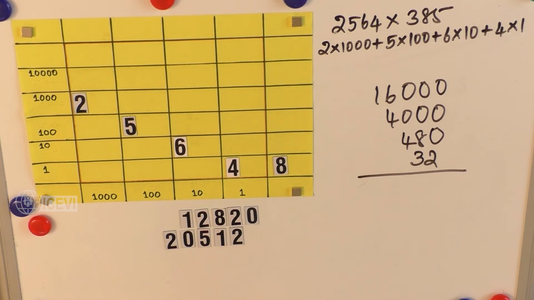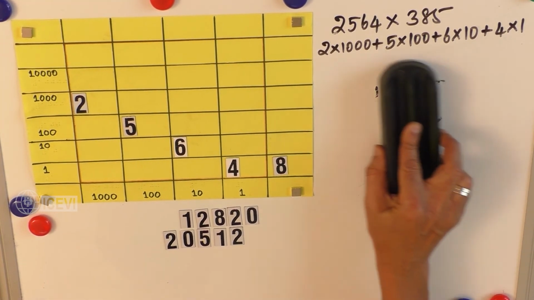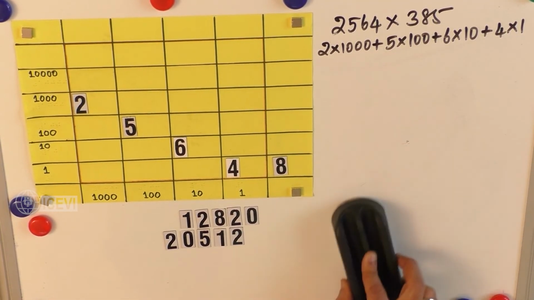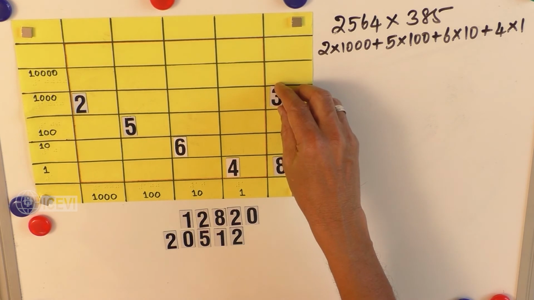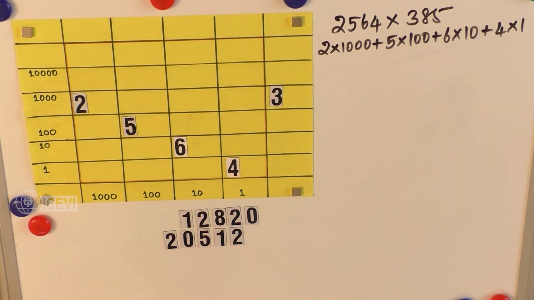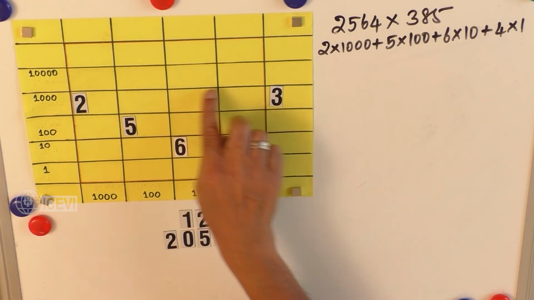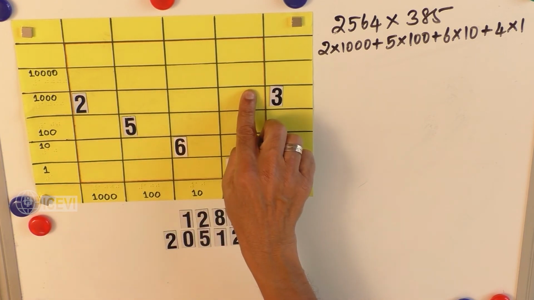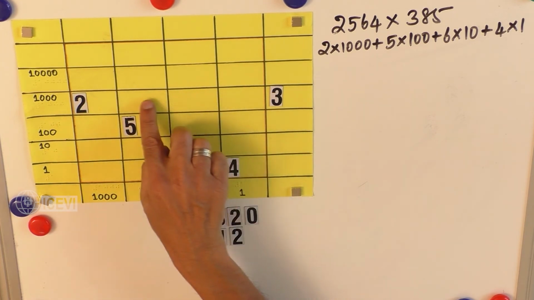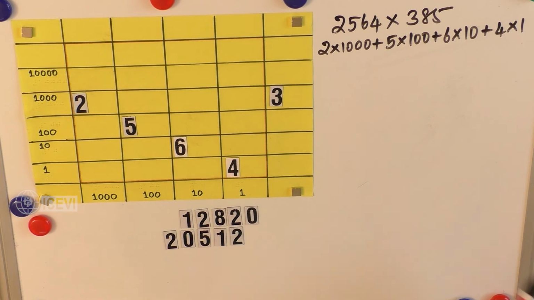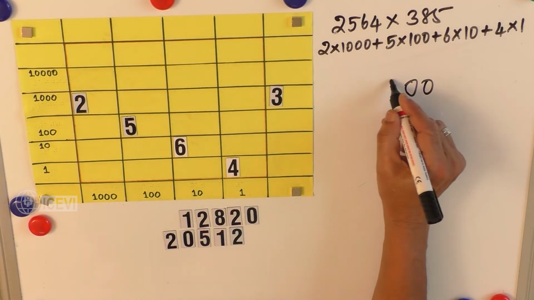Now let us go for the last digit, that is 3. So let us put 3 in the reference column. Now 3 must be multiplied with this 2000. To the right of 2 there are 3 zeros, so you start with 3 zeros.